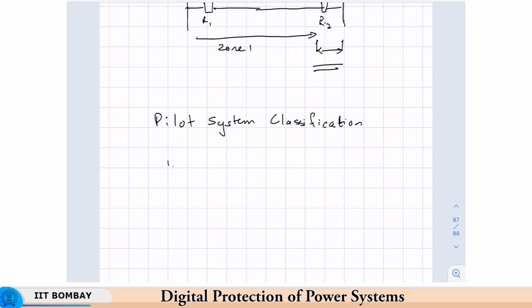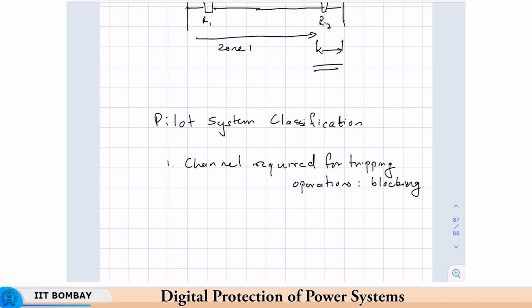The first one, of course, is whether the channel is required for communication. A channel required for tripping operations is known as transfer trip.